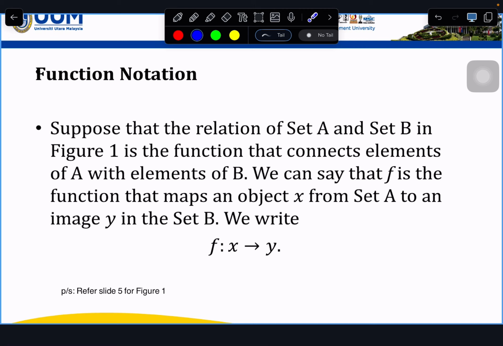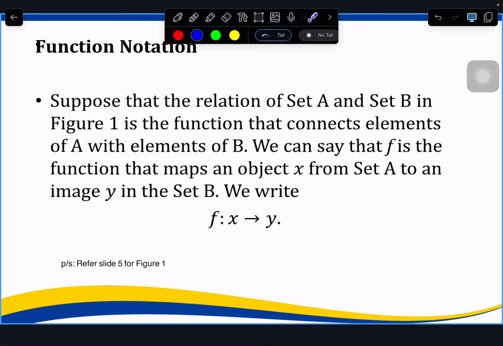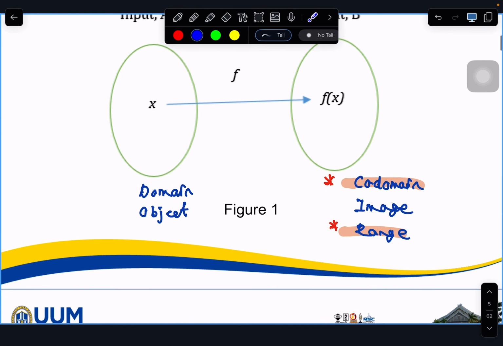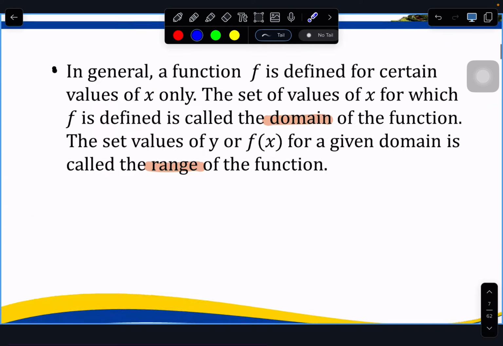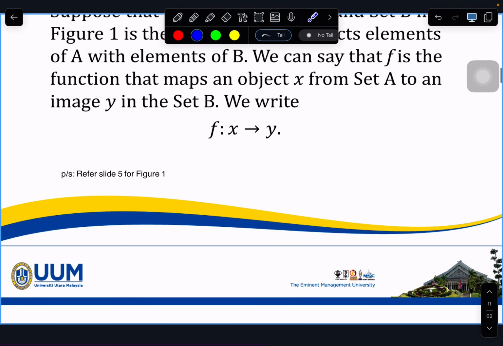That is notation, the way we communicate. For functions too, we don't want to sketch this diagram every time we have a function. We want to write a very simplified version. So we need a notation. And this is the notation we use for function, if you see this one.